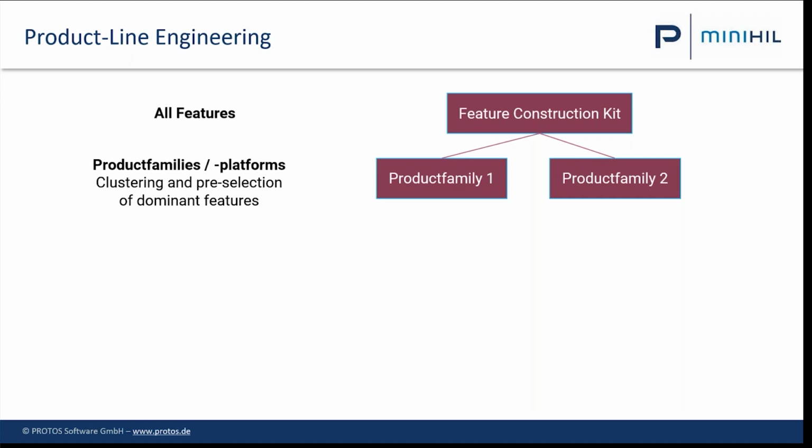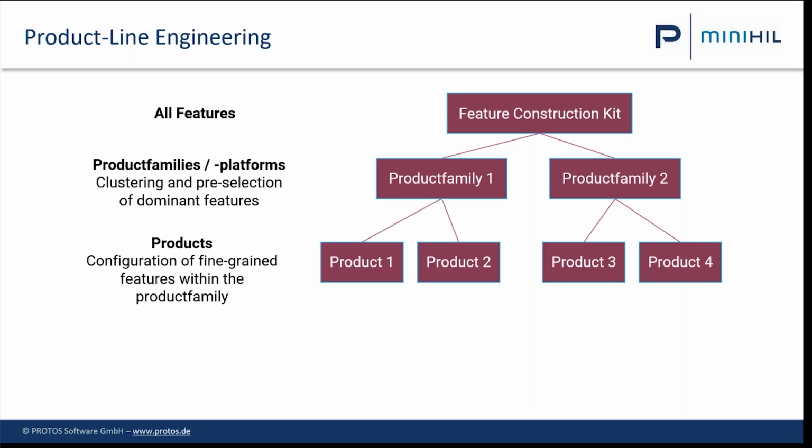So you pre-select dominant features, and in the end, the real product can only be configured based on the features the product family pre-selects, and then the fine-grained configuration defines the product between van type 1, van type 2, and so on. And then the customer in the end can select his features based on the product family.